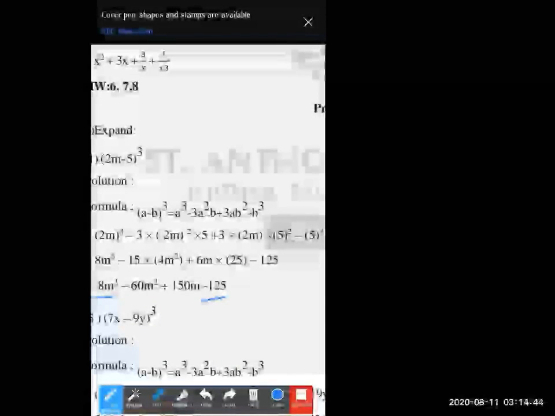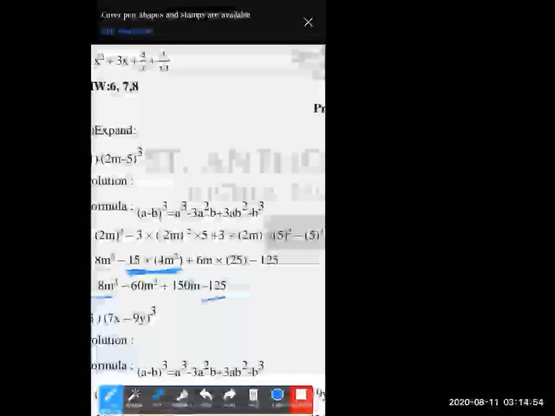Now you will solve these two first. 15 into 4 is 60 and m square remains m square. So 15 into 4m square becomes 60m square. Plus, now 25 into 6 is 150.